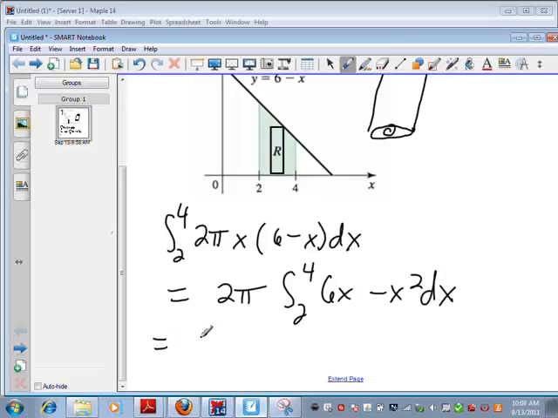But just in case, by the fundamental theorem of calculus, this is 3x squared minus 1/3 x to the 3rd evaluated from 2 to 4. Again, this is using the power rule.